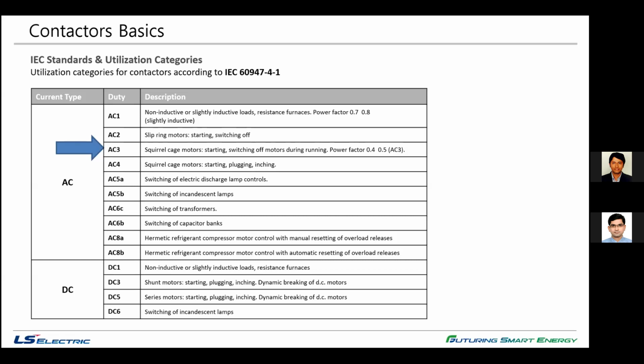But for a capacitor bank, we have to provide AC 6B duty. And for transformers, we have AC 6. Depending on the application, we have to decide the duty. So it is very important which type of contactor we provide for which application. Normally in our normal use, we provide AC 3 duty contactors.